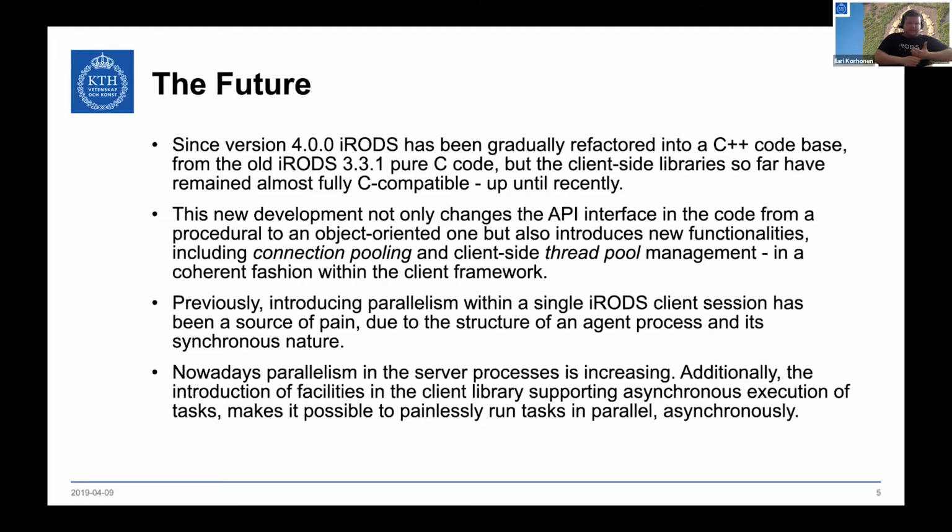But actually, most of the code in the client library is still pretty much compatible with the old APIs, and there is no dramatic differences in the API calls yet. Well, should I say up until recently.